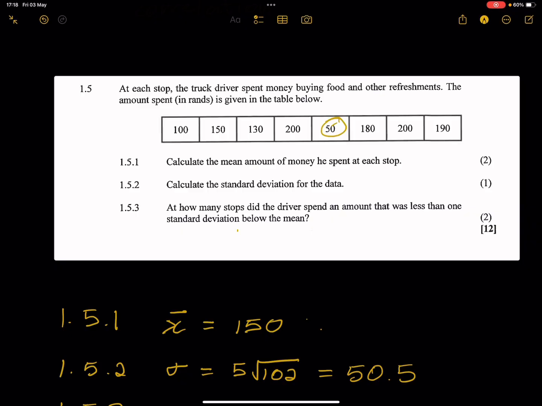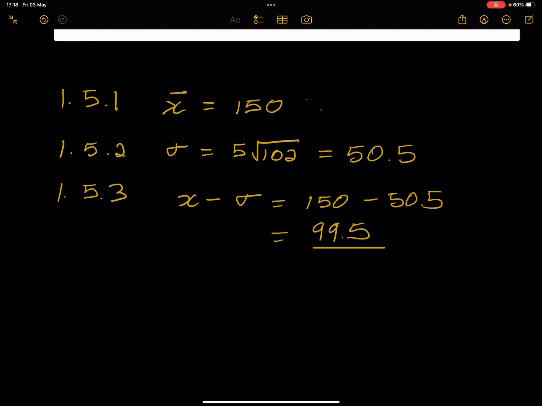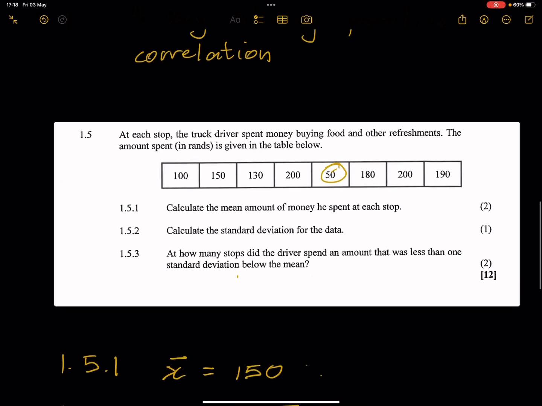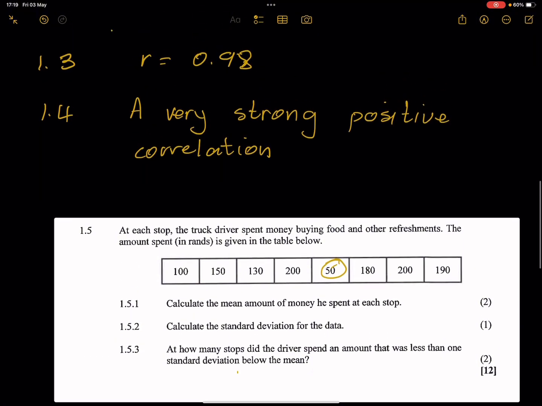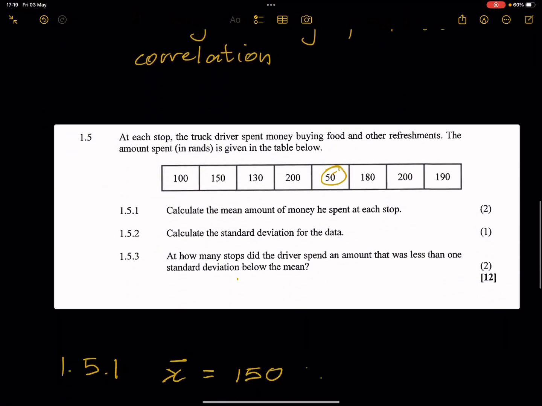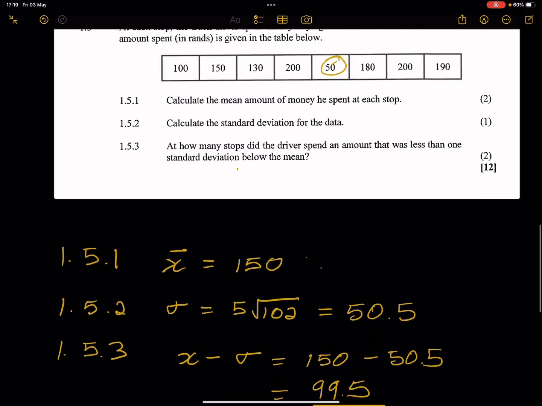So clearly the driver only did that at 1 stop. And ladies and gents, that is your stats section. Really, I expect you guys to get full marks on this section. But without any further ado, let's go to the next question.